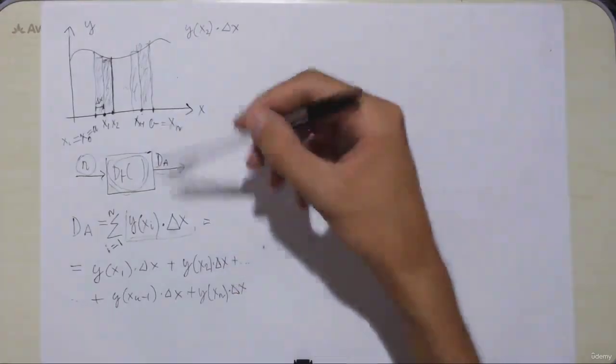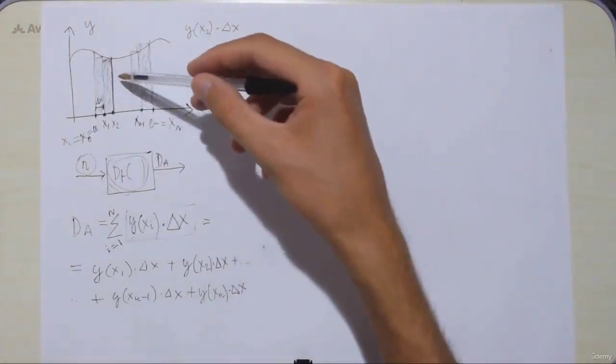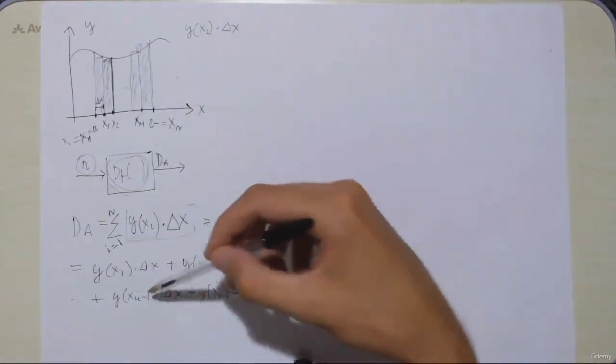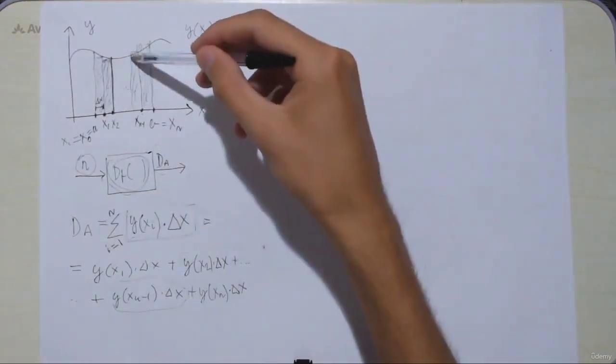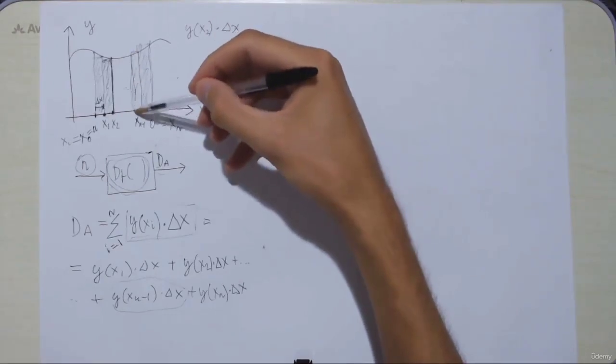And this formulation gives me the total discrete area under the curve. So for example, this term here will give me this area here, all right?